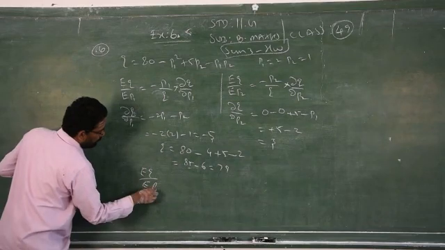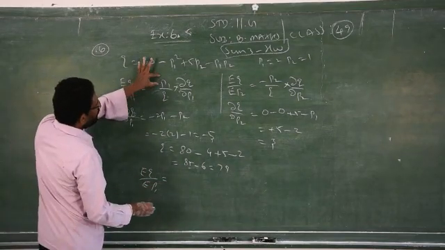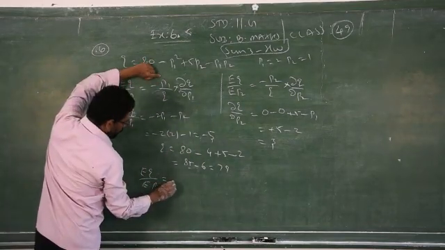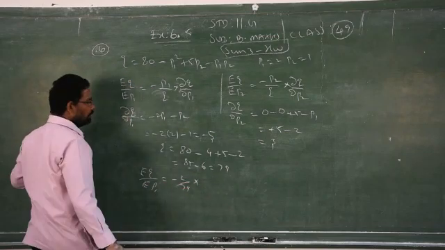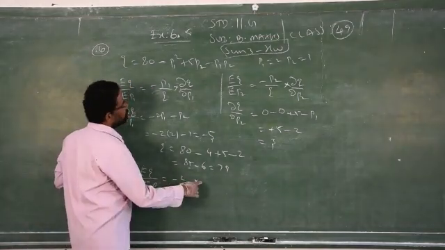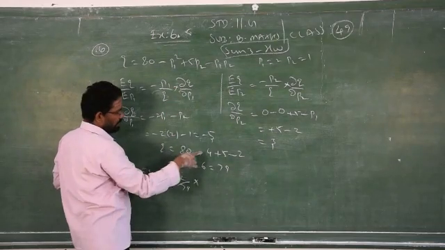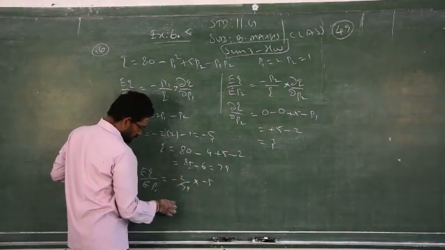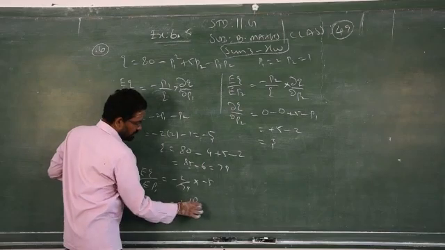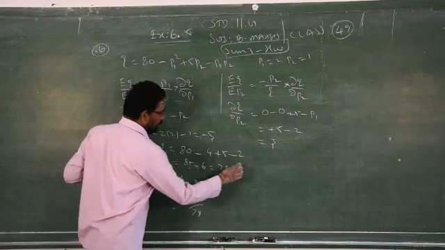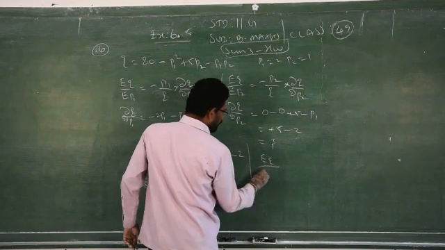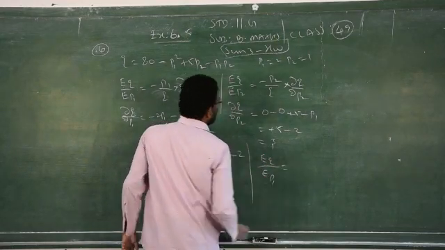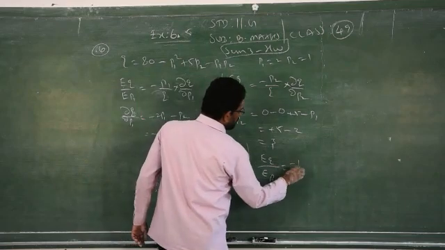EQ by EP1 is equal to minus P1. What is P1? 2. What is Q? 79 into dou Q by dou P1, the answer is minus 5. Simplify, you will get the answer, that is 10 by 79. For the other side, EQ by EP2 is minus P2, that is minus 1.